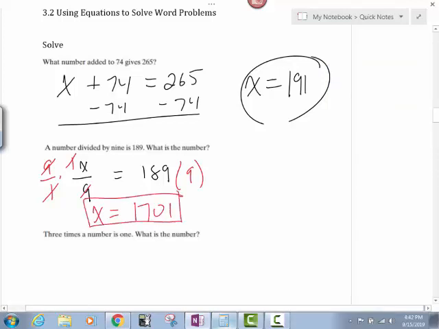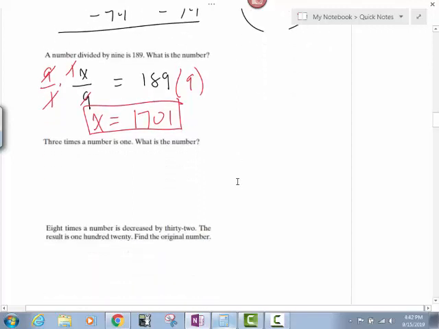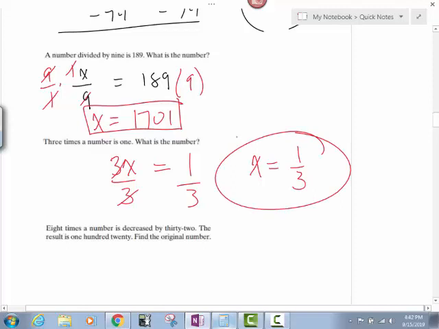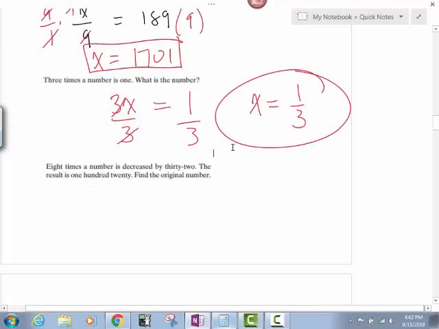There we go. Okay. 3 times a number, so 3x, equals 1. What is the number? Let's divide both sides by 3. The number ends up being 1/3. Okay. 8 times a number, 8x, is decreased by, which means subtract, 32.